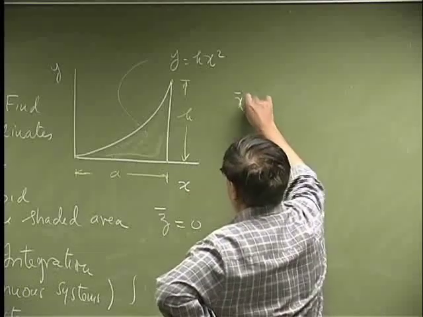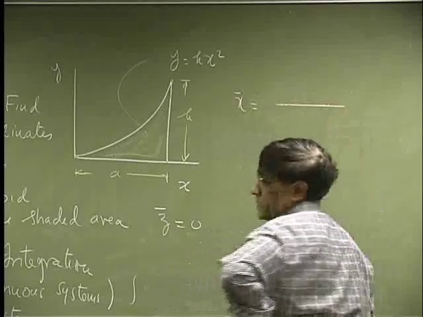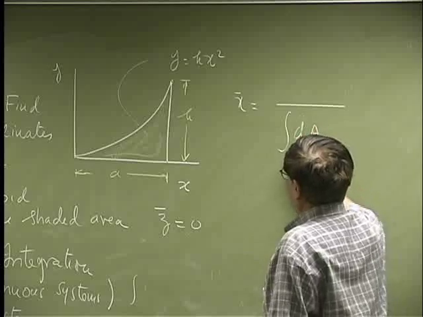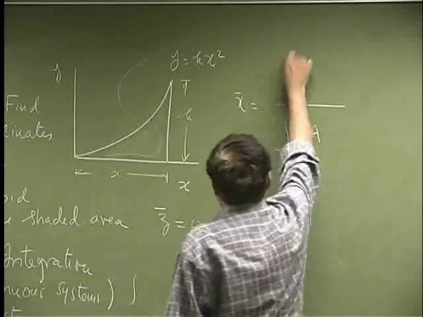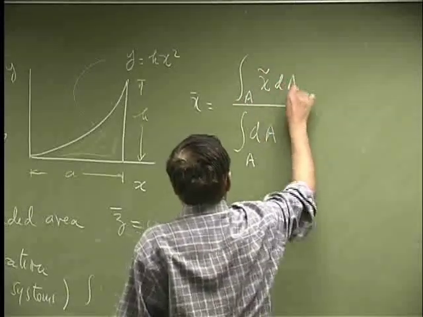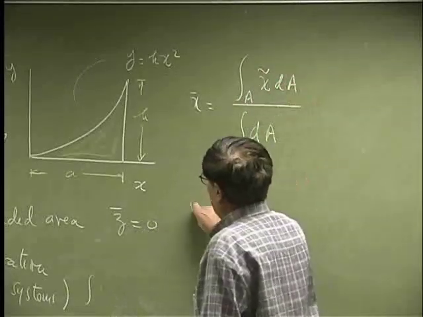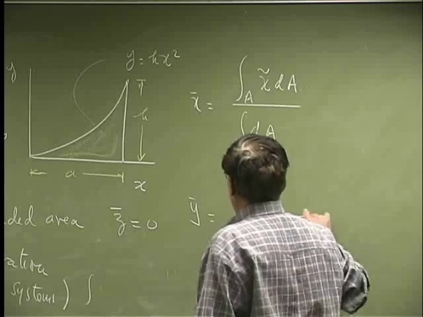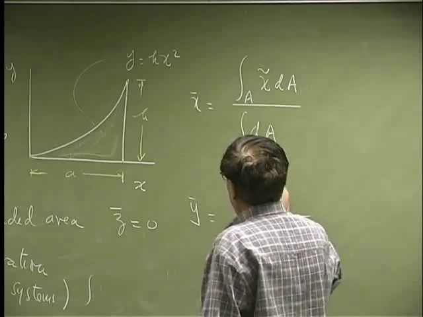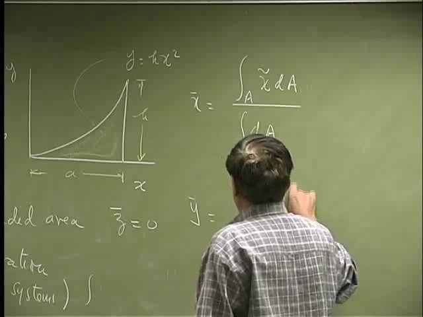You have the equation for x bar, that's going to be the area integral of x tilde dA over the area integral of dA, and then you have y bar, which is the area integral of y tilde dA over the area integral of dA.